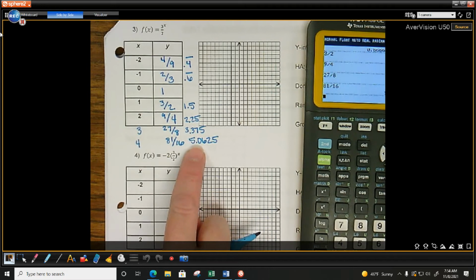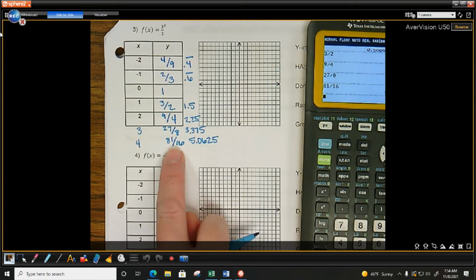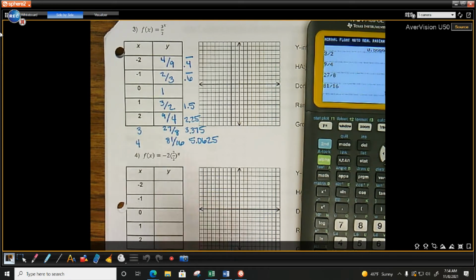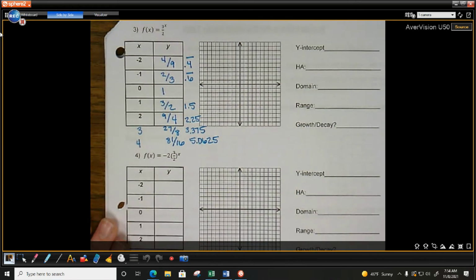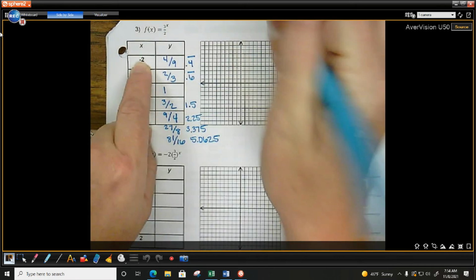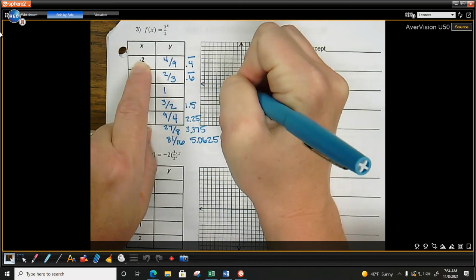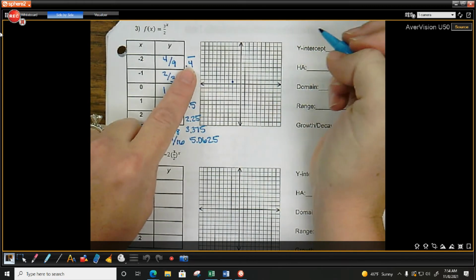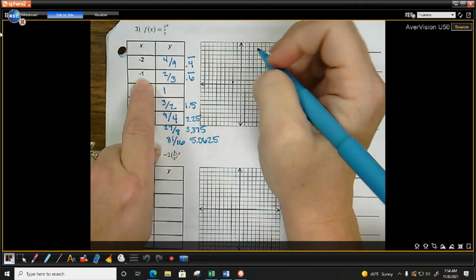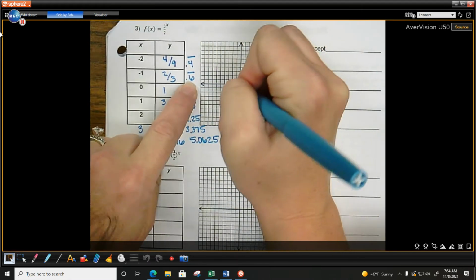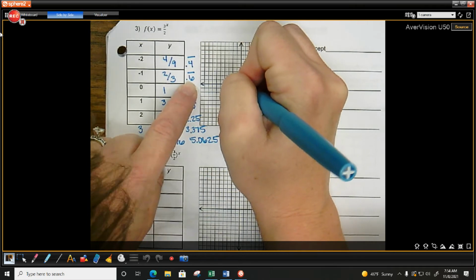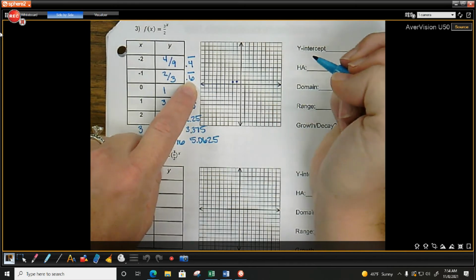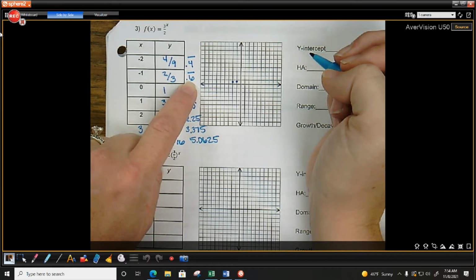Okay? So let's plot our points. -2, and that's a little bit less than 1/2, right? 0.4 is a little bit less than 1/2. Then I'm at -1, a little more than 1/2. Am I going to be super specific with how you're graphing these decimals? No. But does 0.6 need to be between 0 and 1?